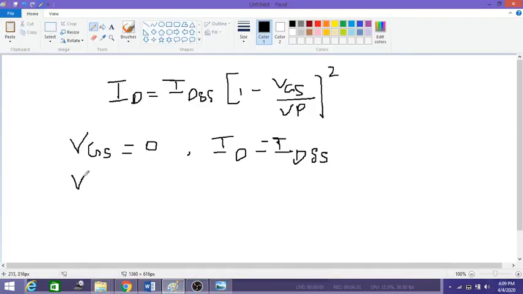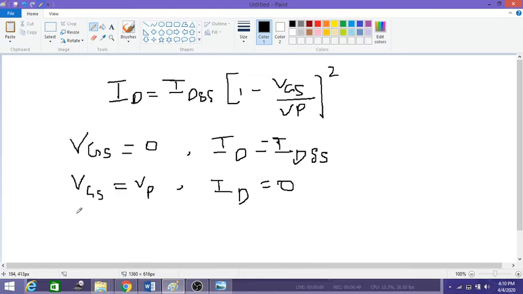Now if VGS is equal to VP, then what will happen? If VGS is equal to VP, then in ID you replace this VGS by VP, so you will get 1, so 1 minus 1 you will get 0. So your ID will become 0.